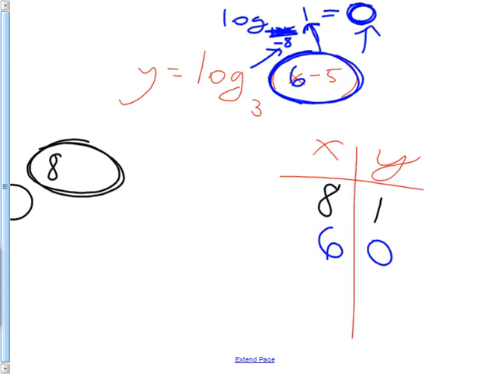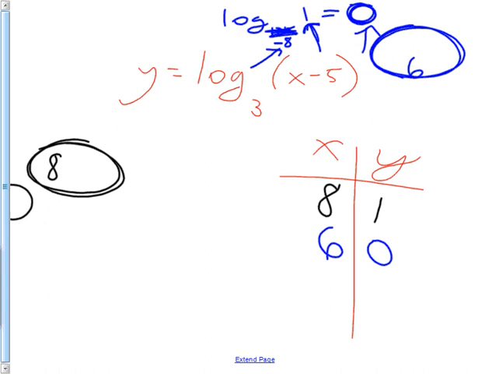Okay, so 8 comma 1, 6 comma 0, and who's got, wait on that thought, who's got one last point I can put in here? You got a point? 5 and a third. Okay, now why were you going with 5 and a third? Awesome. 5 and 1/3.